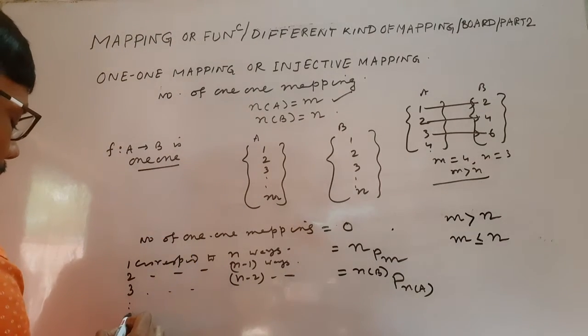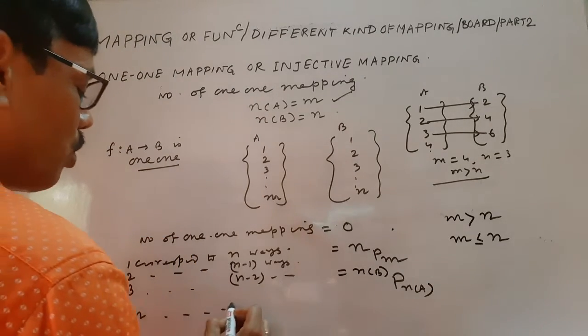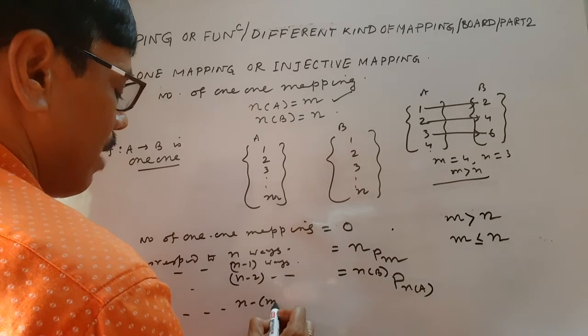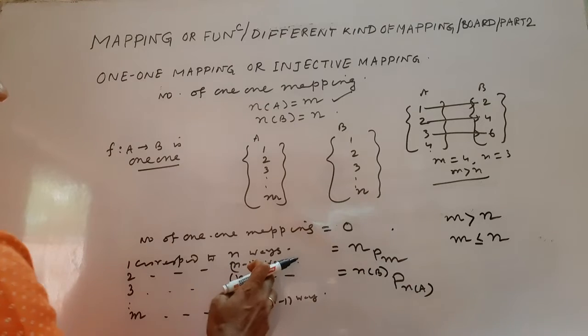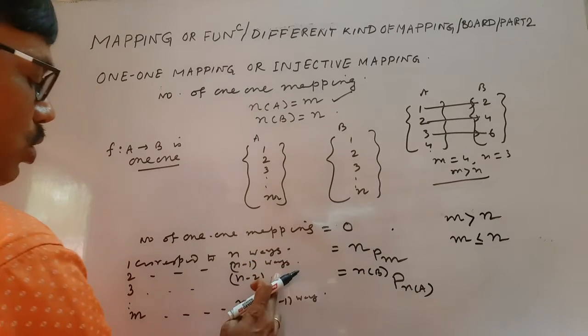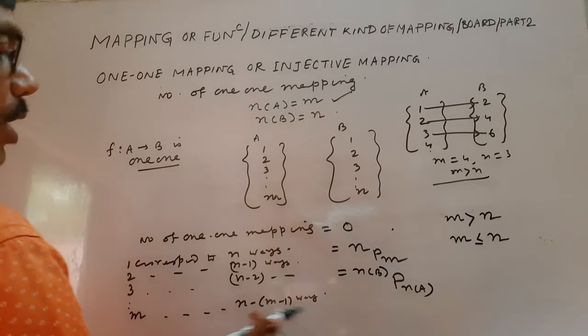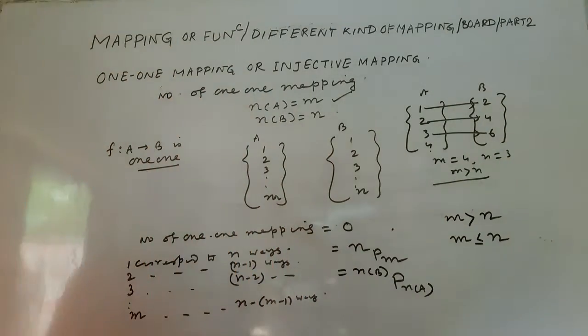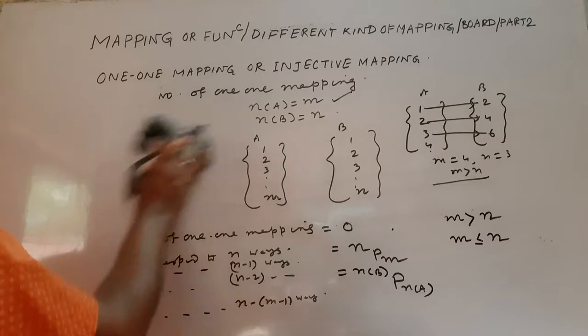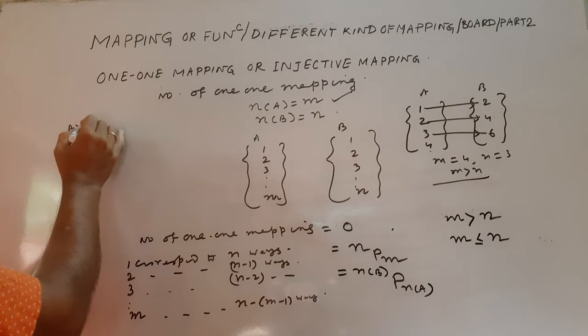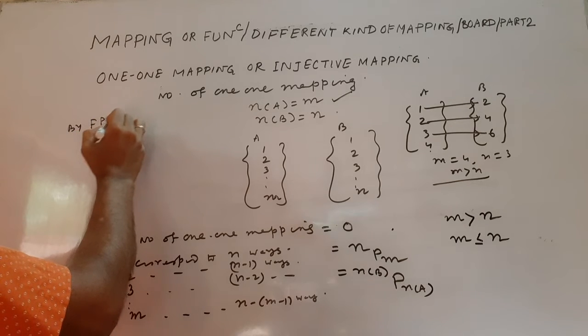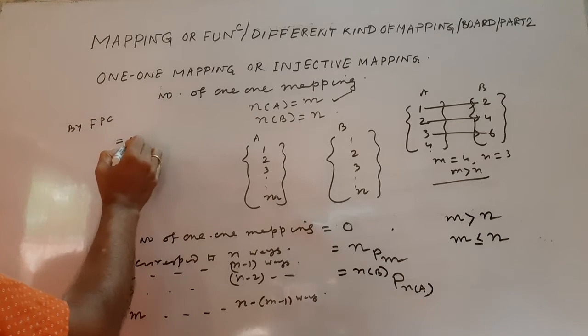And m corresponds to n minus (m minus 1) ways. If it is 2, n minus 1. If it is 3, n minus 2. If it is m, n minus m plus 1. So by FPC, I have already discussed, by FPC, the total number of ways. By FPC, the proof is not important. By FPC, this is n.